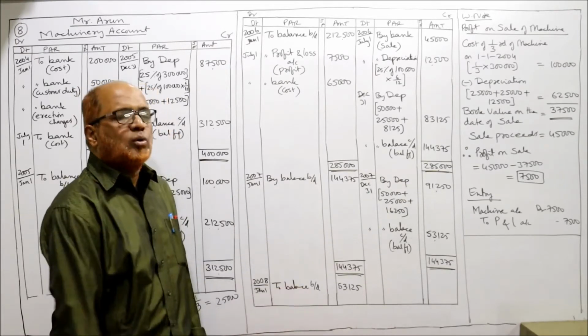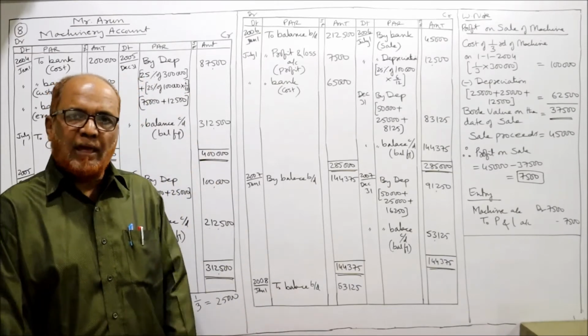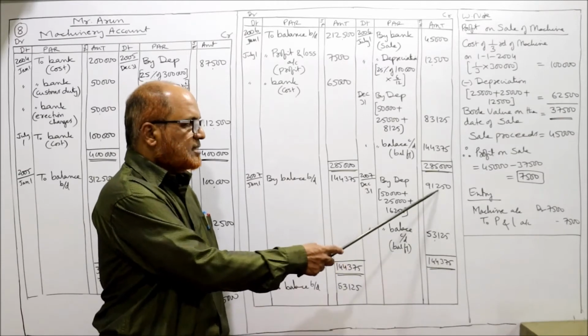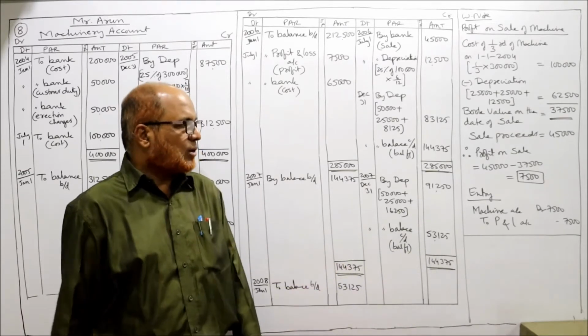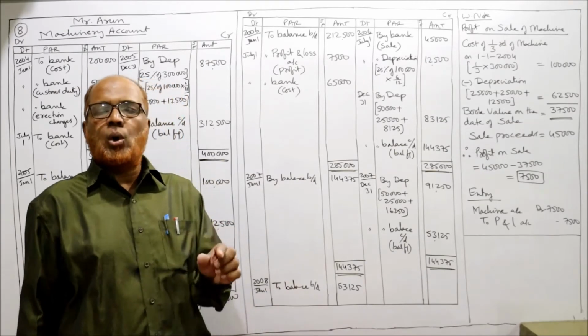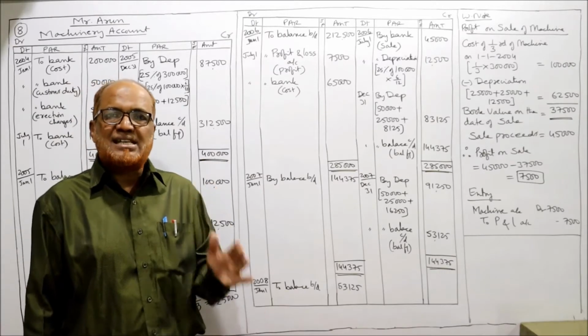Add up, 91,250 is the total depreciation on the 3 machines. Now we take the total debit side, 1,44,375 minus 91,250, 53,125 is the balancing figure. This is the closing balance as on 31st December 2007.